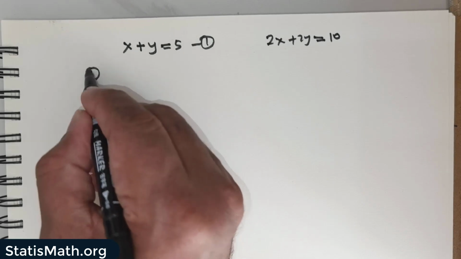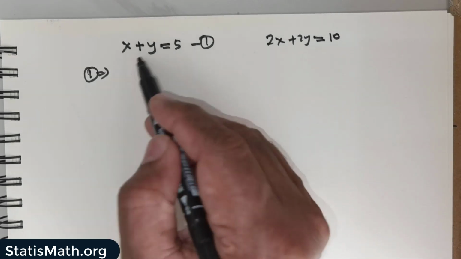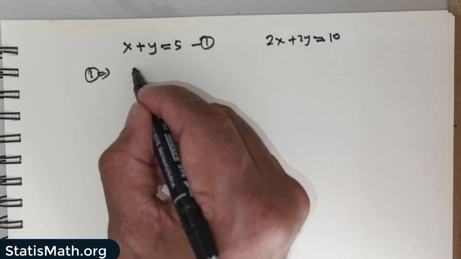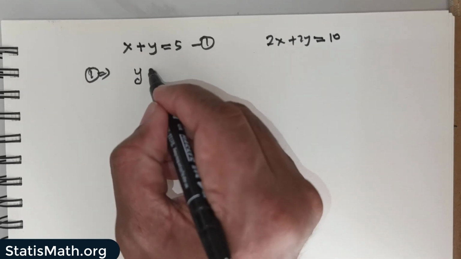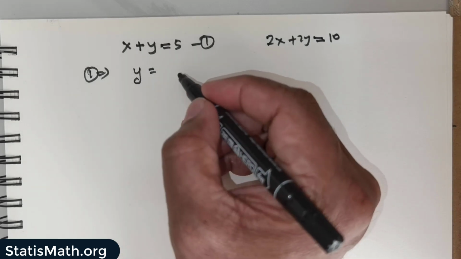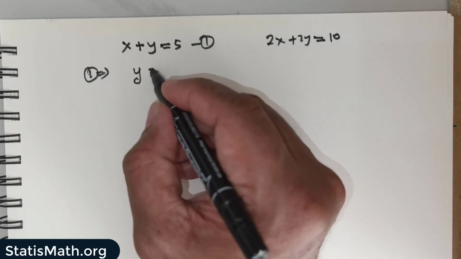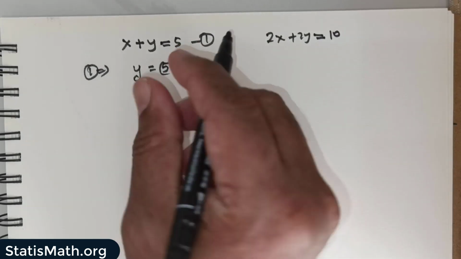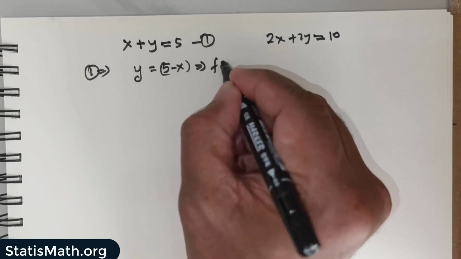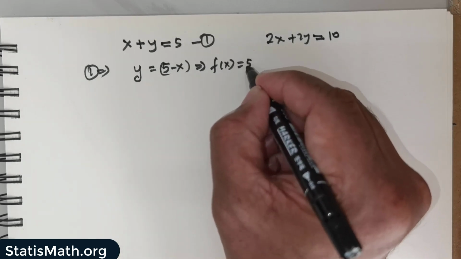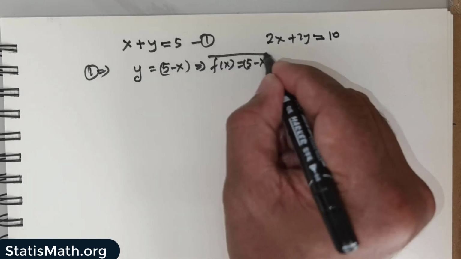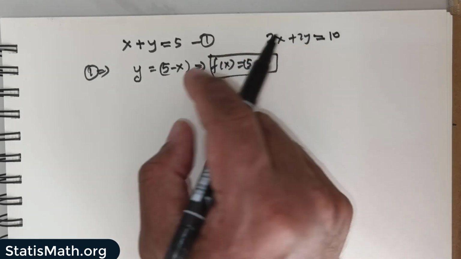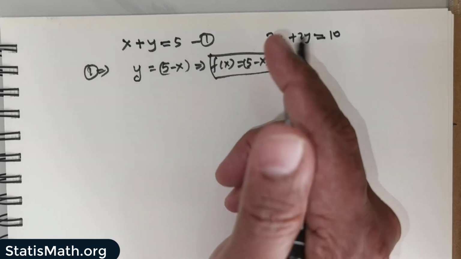Now always try to represent the graph for y, writing the entire system with y on the left hand side. So this is y = 5 - x, which can also be referred to as f(x) = 5 - x. So you have a function here.